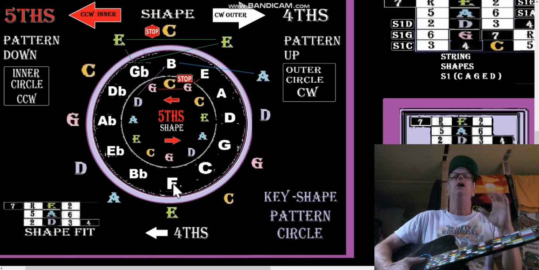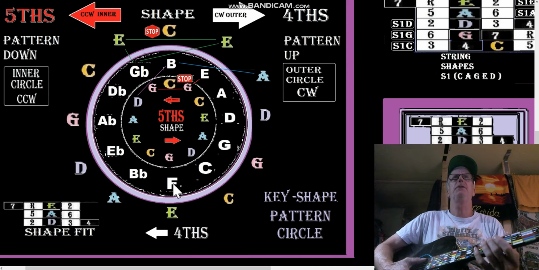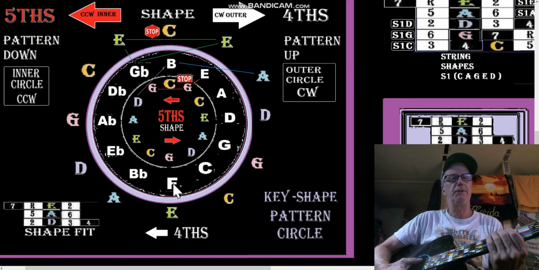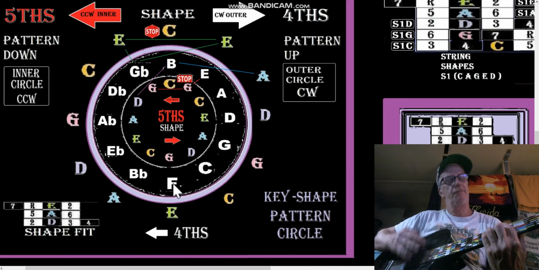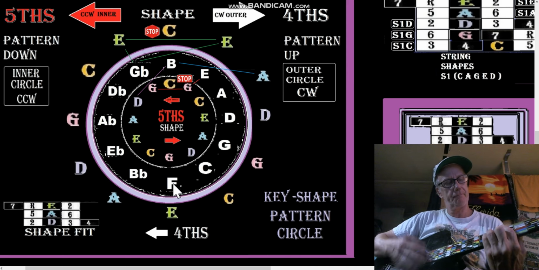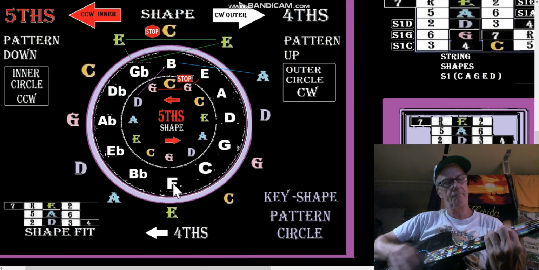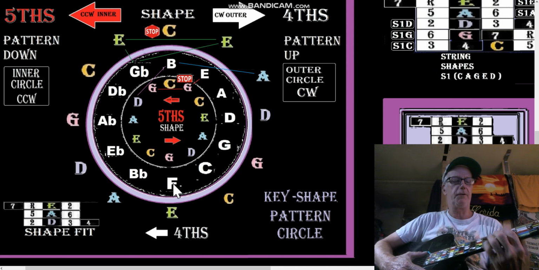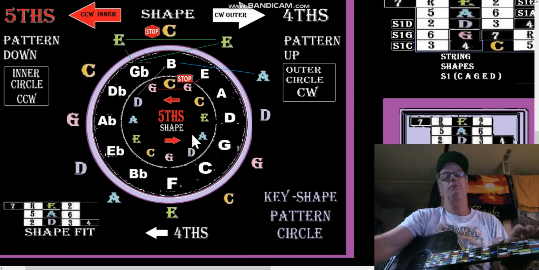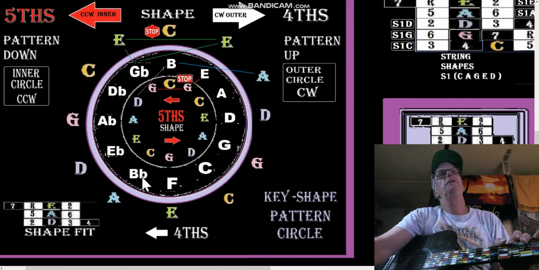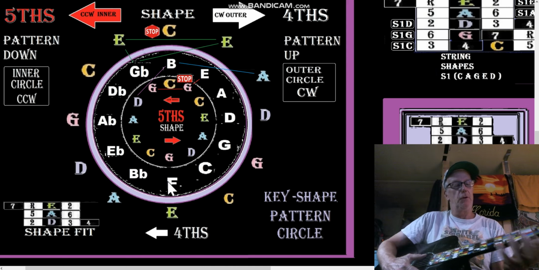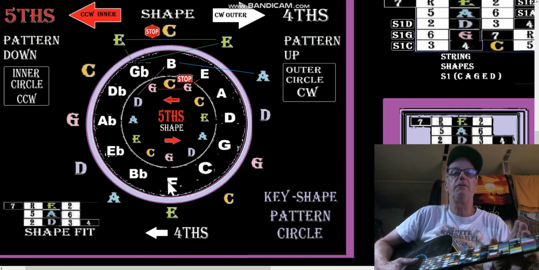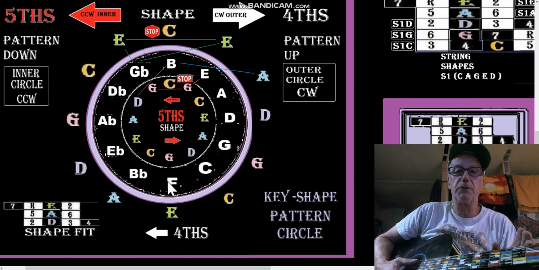When we go to the 4th, we're going to go to the pentatonic scale. So for the F, to that 4th now, and this is what the lesson's about, we're going to be moving the pattern up. By moving the pattern up, we're effectively replacing the bottom string with its 4th.